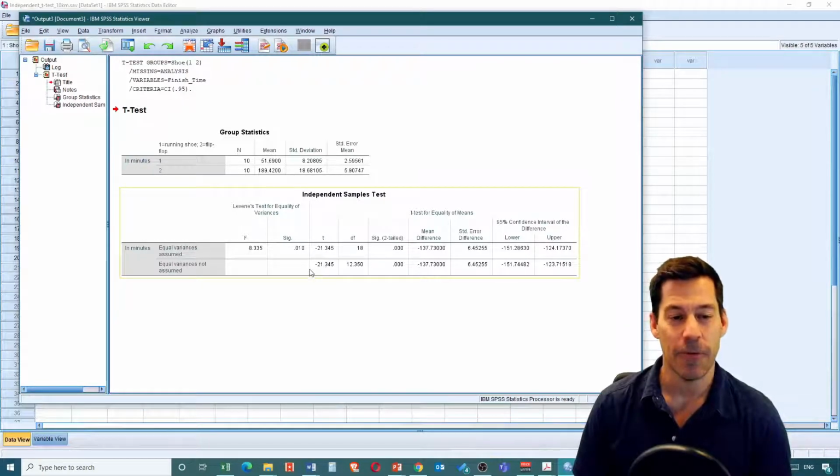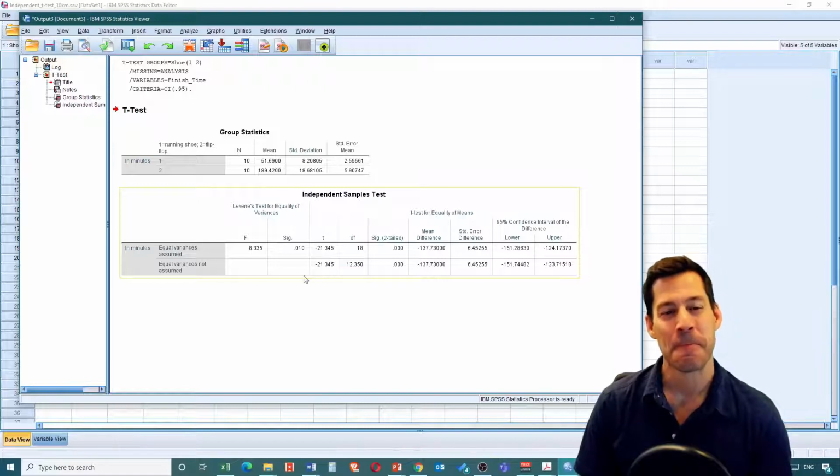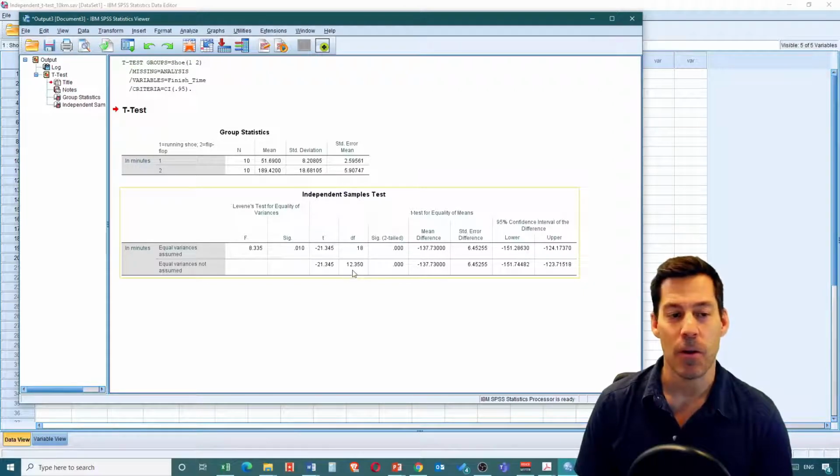So it's -21. And right away, you should know that that's a really big number and it's probably going to be significant. Our degrees of freedom, what we see is that instead of being 18, it's 12.350. So what this does, the equality of variance not assumed, it adjusts the degrees of freedom.